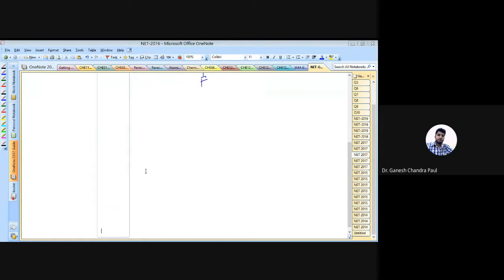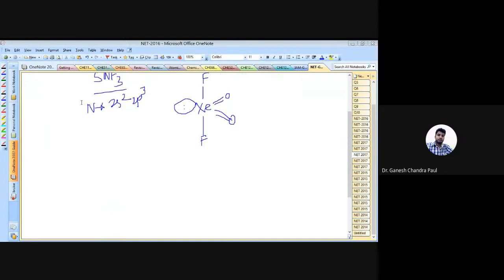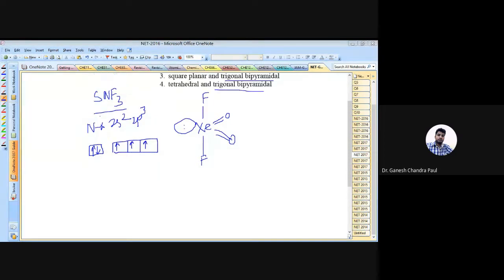So it is 2s2 and 2p3 like this. Now you can see there are total 3 fluorine atoms, so for those 3 atoms, 3 unpaired electrons are there.